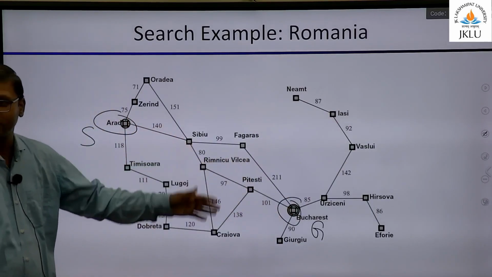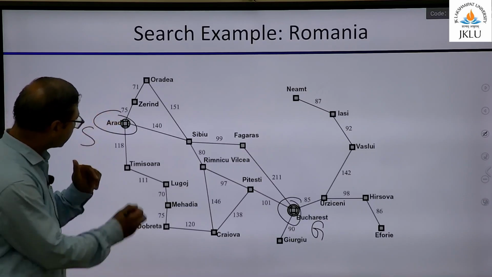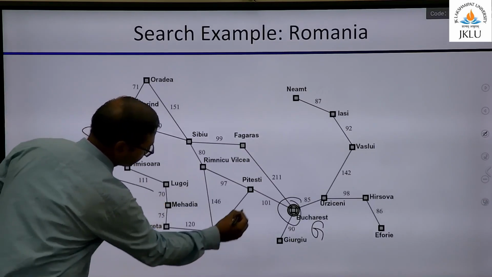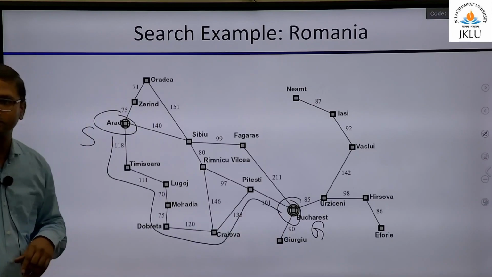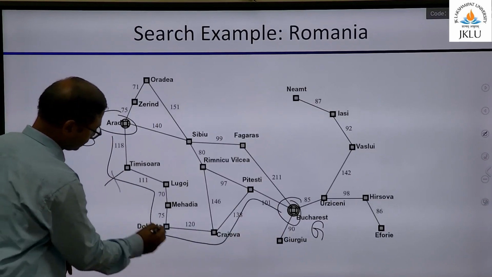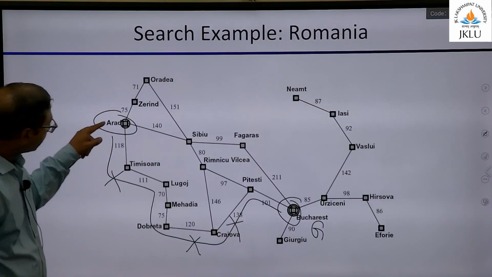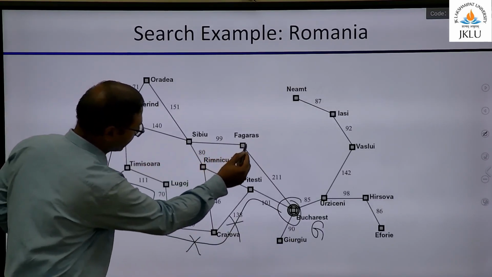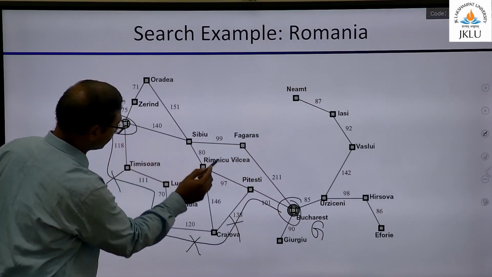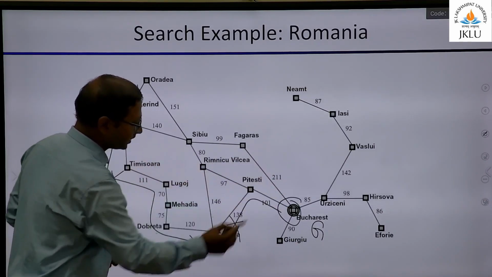So maybe 2 or 3 such things will be there. For example, just discard this path. What I care about is Arad, Sibiu, Fagaras and Bucharest, and then Arad, Sibiu, Rimnicu Vilcea, Pitești and Bucharest.